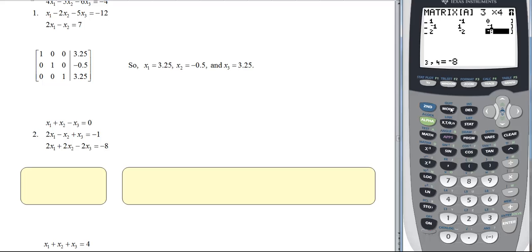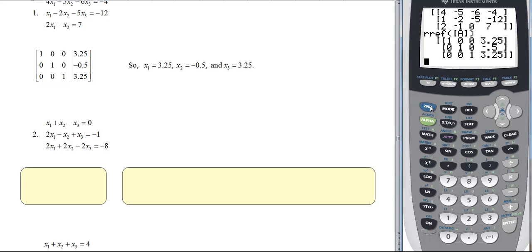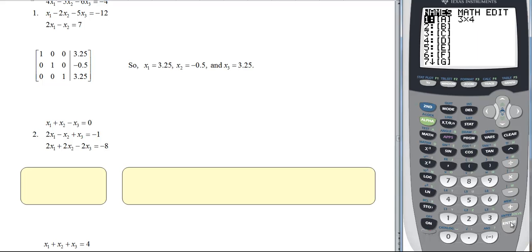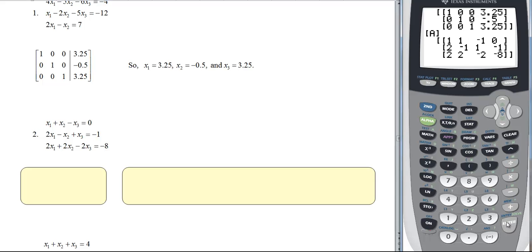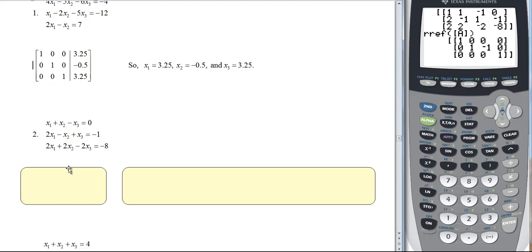Second quit. Second matrix. 1, 2, 2, 1, negative 1, 2, negative 1, 1, negative 2, 0, negative 1, 8. And we just did the rref just a few seconds ago, and that recall feature works in this as well. Let's see if that's the matrix I've got here.